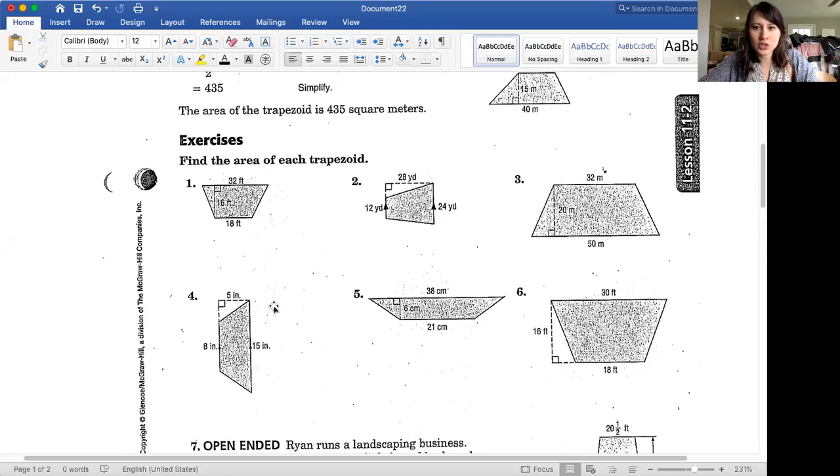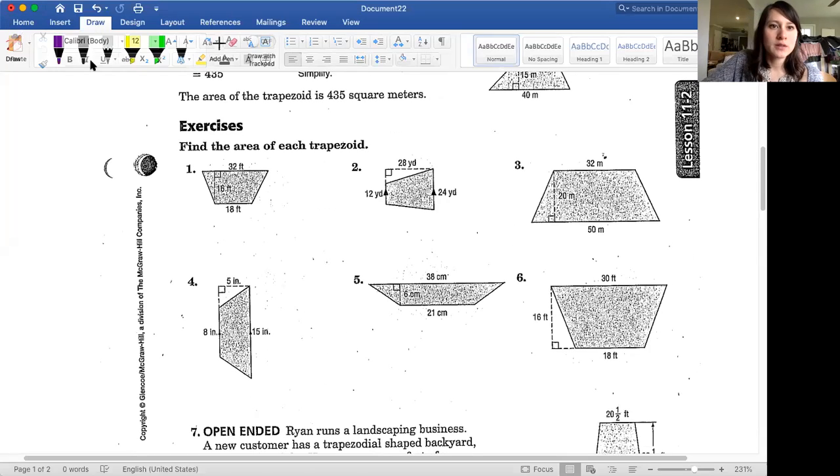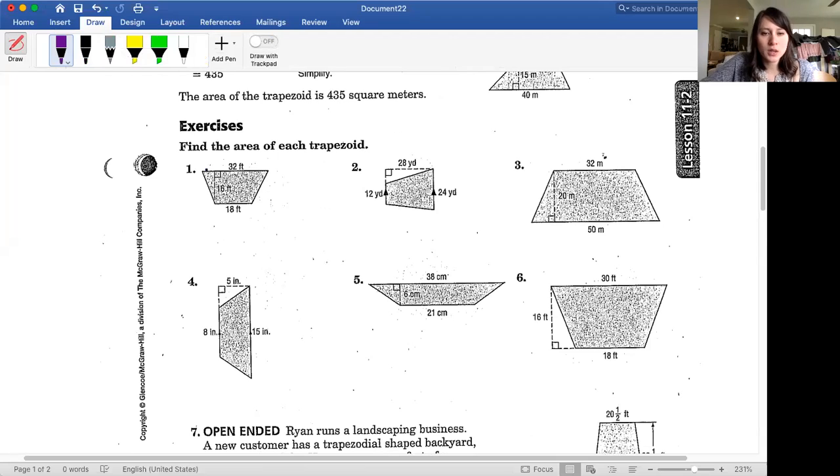So let's practice a little bit. And I think this lesson will be a little more straightforward than what we did yesterday, where most of the information, I believe, should be given to us. So here we have our height of 16, our bases are 32 and 18. So this would be 1/2 times 16 times 18 plus 32.